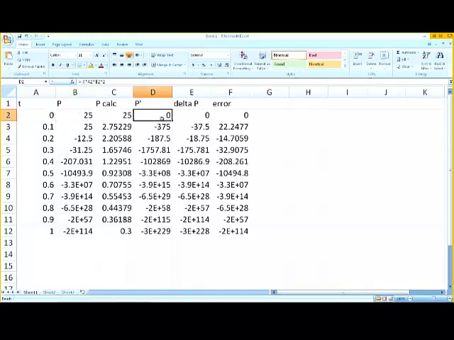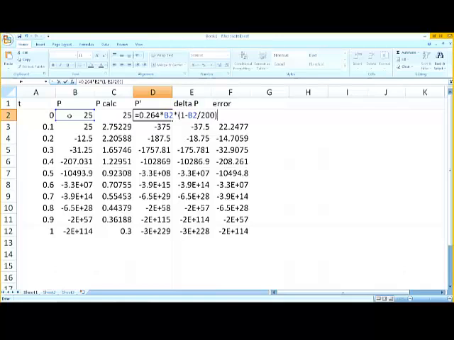P prime, okay, the equation we have is equal to 0.264 times p times the quantity 1 minus p divided by 200, close the right parentheses. 0.264 times p times 1 minus p over 200.